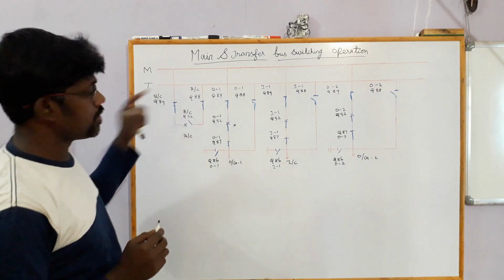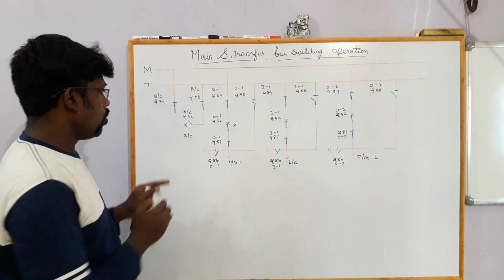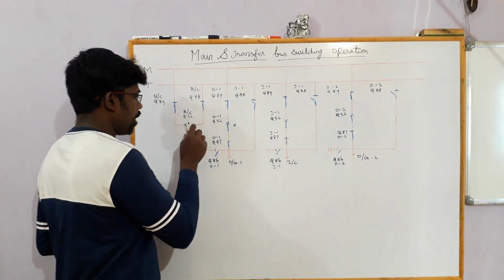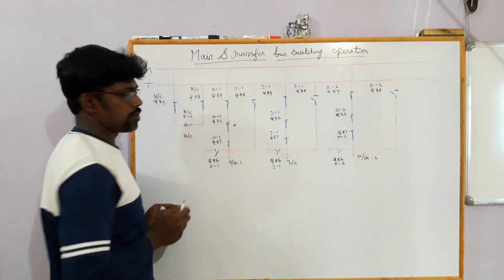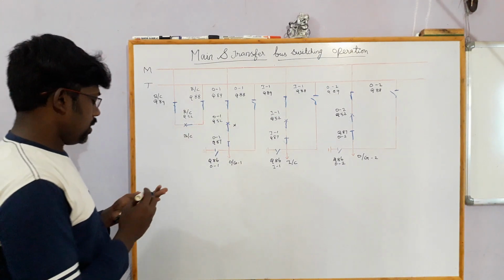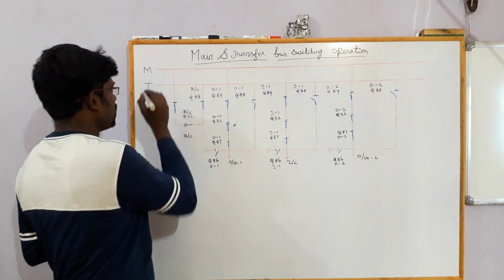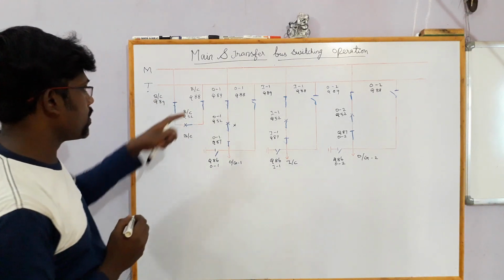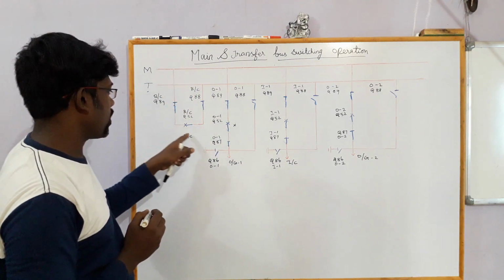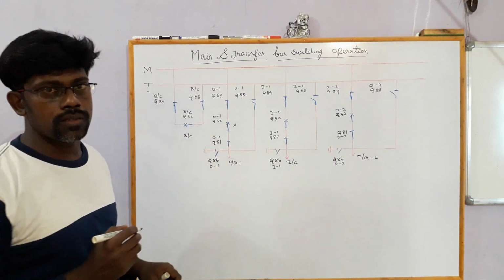We close these two isolators. Now, second thing, we have to close this breaker. Now the transfer bus gets energized. From this main bus the power is supplied to the transfer bus.